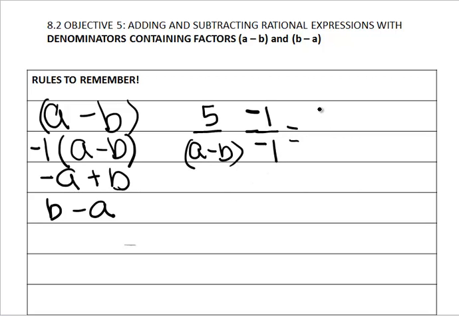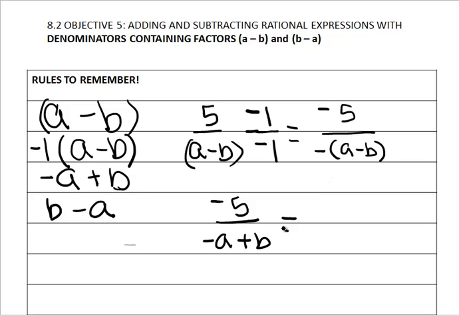And I'll end up with -5 over -A minus B. And again, I will distribute here, and I'll end up with -A plus B. And to write that more elegantly, I'll have -5 over B minus A.